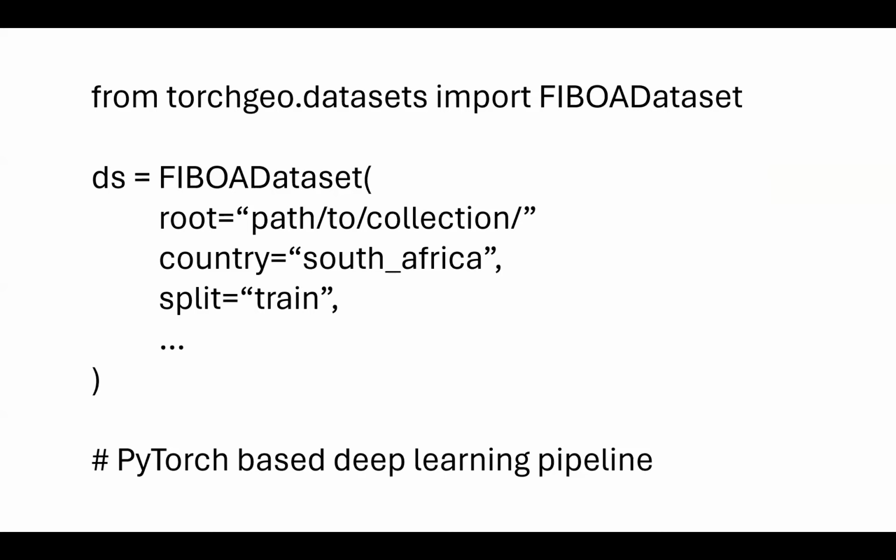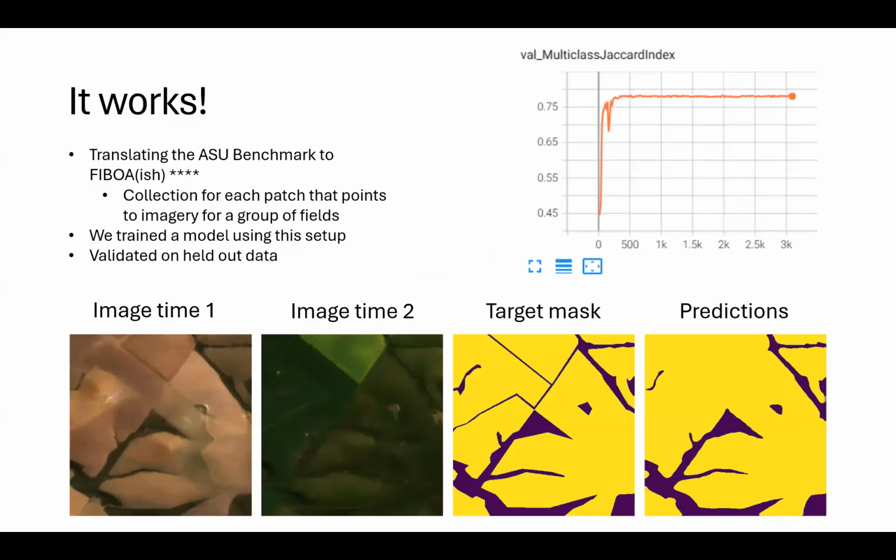And then once you have this, pretty much any machine learning researcher will be able to go play with the latest and greatest models, transfer learning from all the foundational models that are coming out, and really try to tackle this problem of how to automatically delineate fields from satellite imagery with a consistent training and testing set that has global coverage.